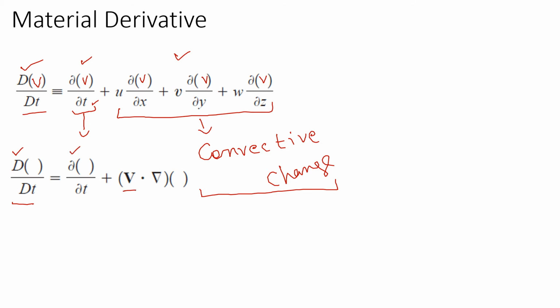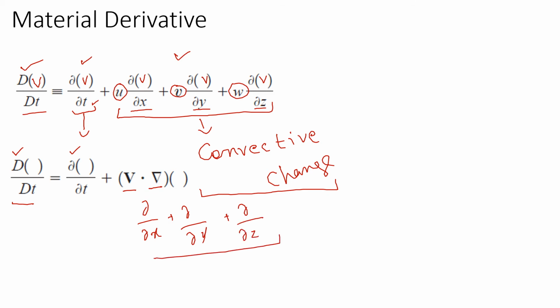This V is the velocity that represents all the components of the velocity, the XYZ components, and this is the del operator that contains all the partial terms: partial over partial X plus partial over partial Y plus partial over partial Z. So this is the del operator, and we will be seeing that too in our FM2 course. So this was the material derivative, whose main concern was to find the change in a property with respect to time and position both.